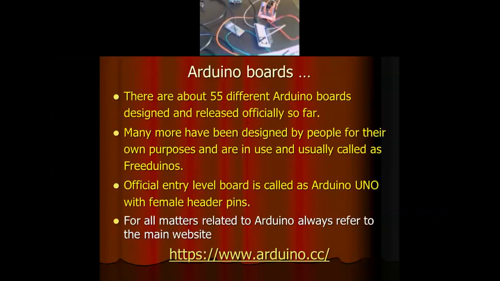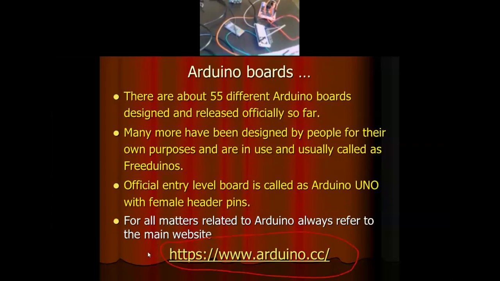There are about 55 different Arduino boards. Actually, when I prepared this slide, it was 55. Now it must have increased, right? Because every day the number of boards is increasing. And there is a website for it. You can always refer to this website to download the Arduino IDE. You can also order the board from this website.